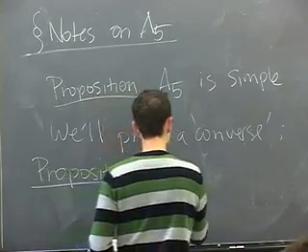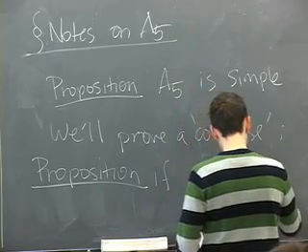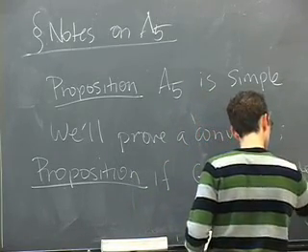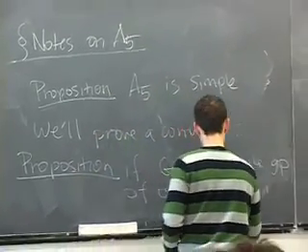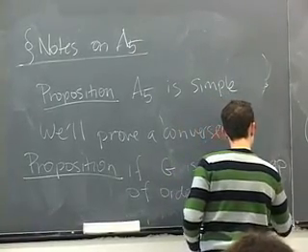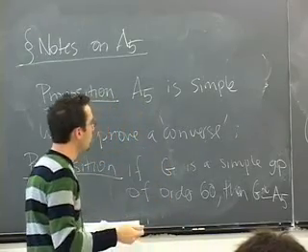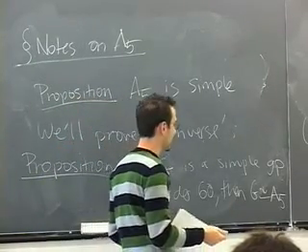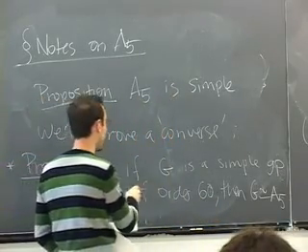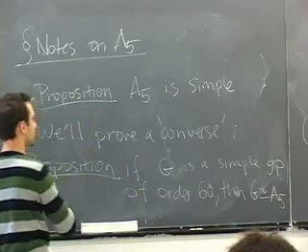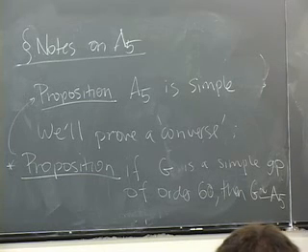Well, the converse is if G is a simple group of order 60, then G is in fact A5. So we showed that this symmetry group several lectures ago was a group of order 60 and that it was a simple group. So this result finishes it off and tells you that the thing must be A5. But in some sense, this result relies on this result. So it's not entirely complete unless you do the exercises.